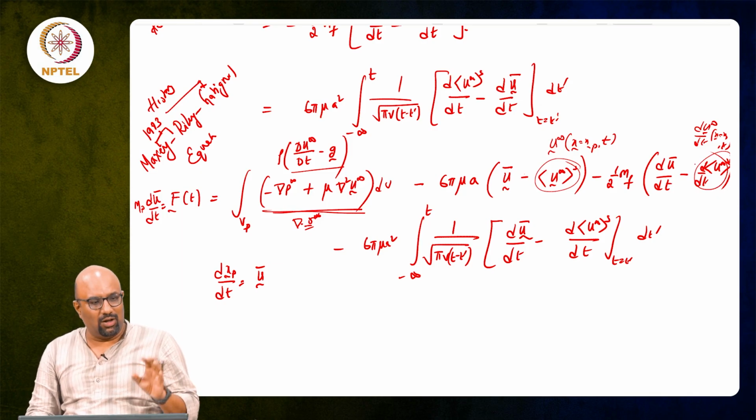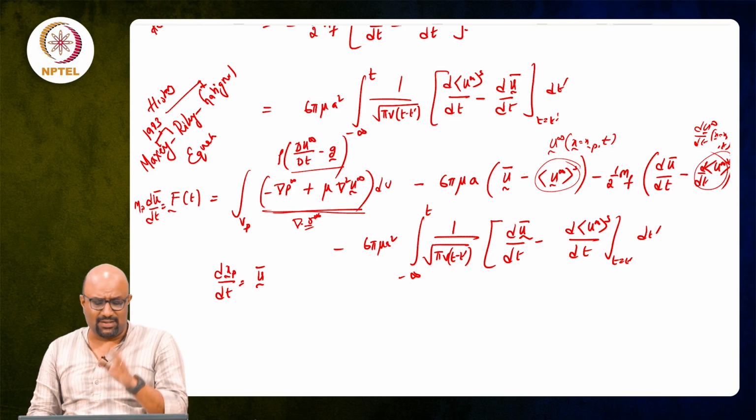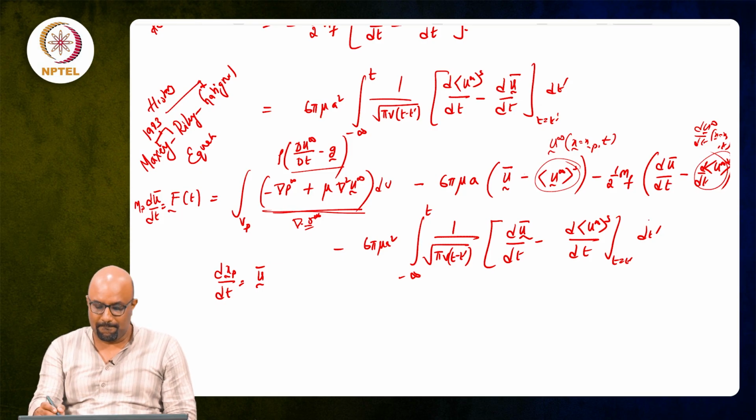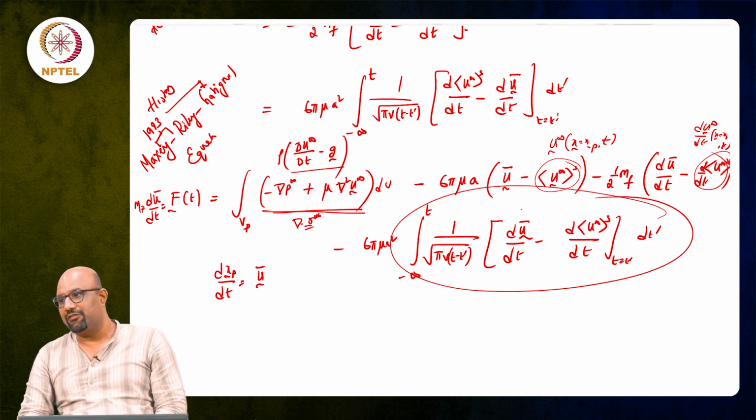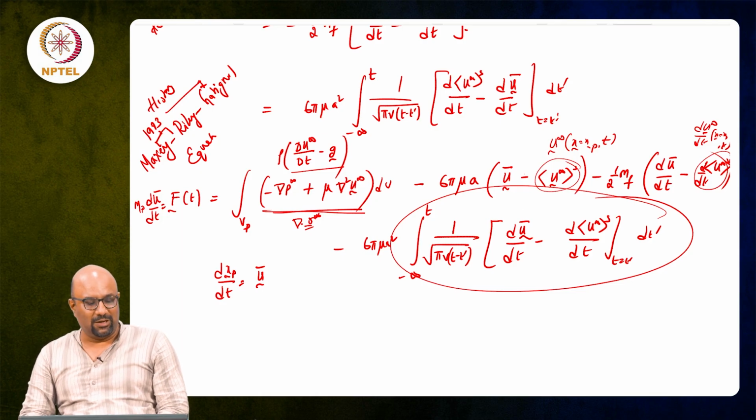Now even with all the assumptions that you have made in arriving at that, you ignore fraction and all that, you can see the biggest challenge in this particular equation is, it is an integro differential equation. You have a derivative of the particle velocity which is coupled with an integral over that quantity.